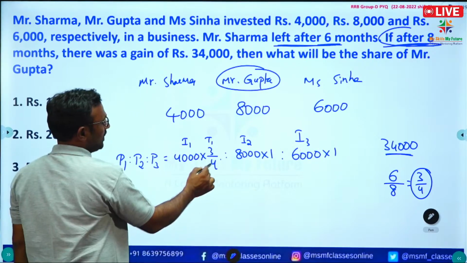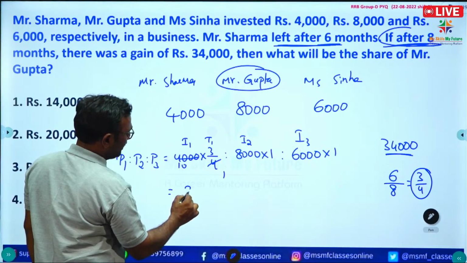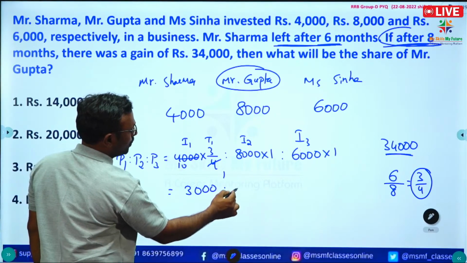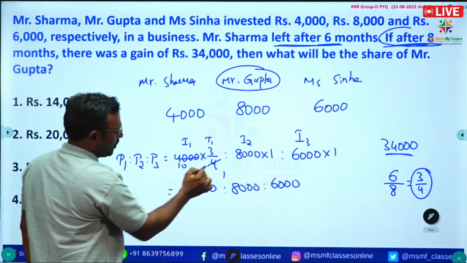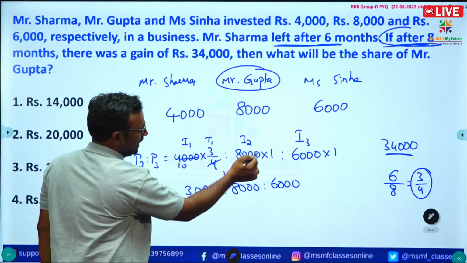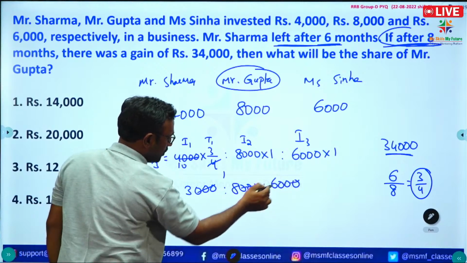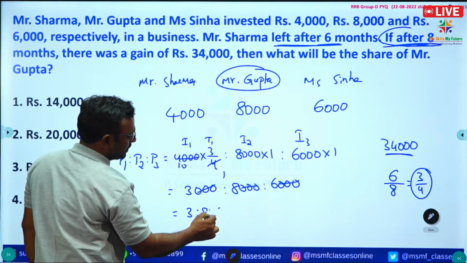So 4 into 3/4 is 3, so the profit ratio is 3,000 is to 8,000 is to 6,000. 3 into 1,000 we get 3,000, 8,000 into 1 is 8,000, 6,000 into 1 is 6,000. So the zeros cancel. The profit ratio is 3 is to 8 is to 6.